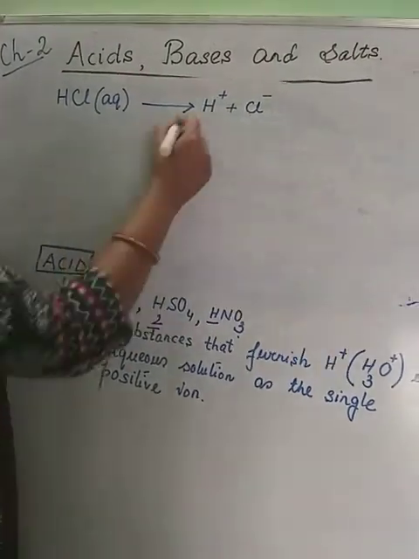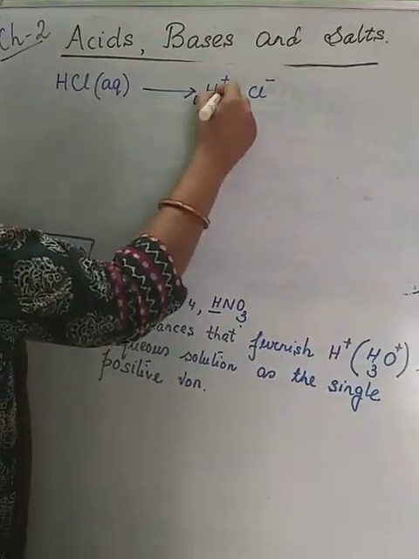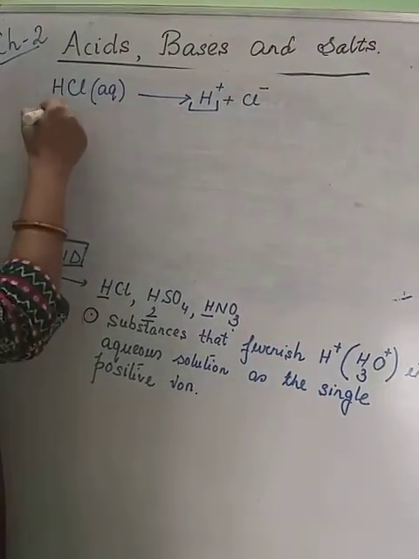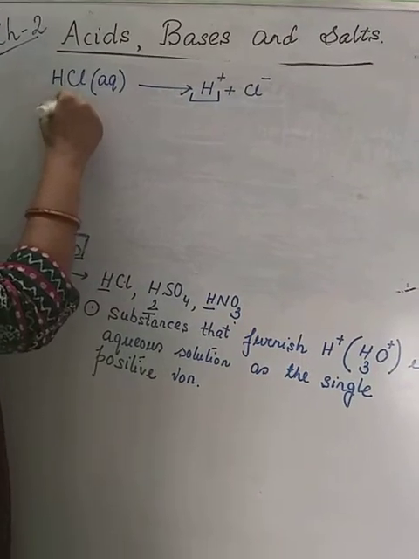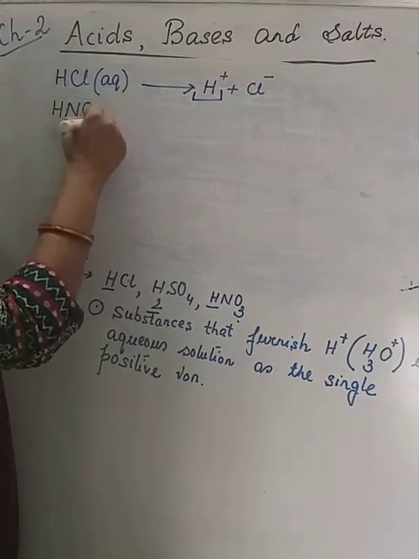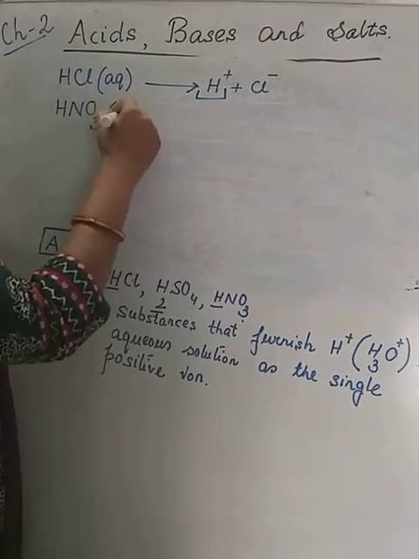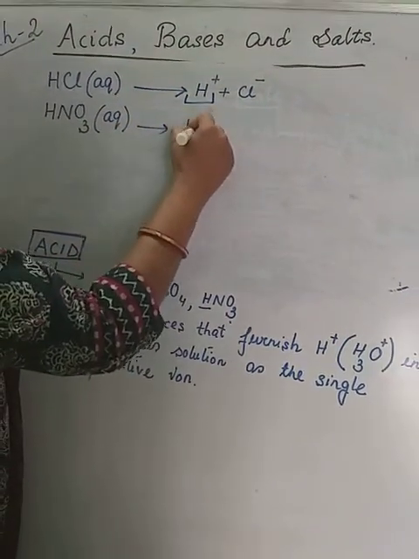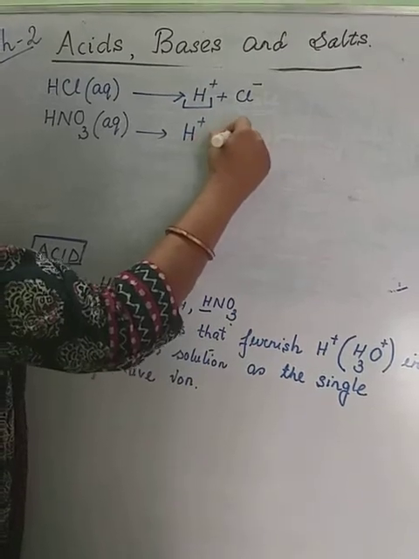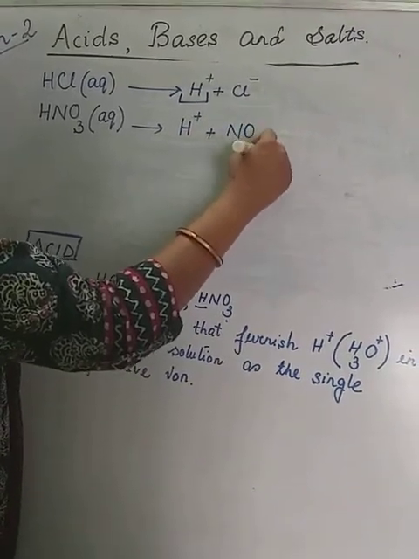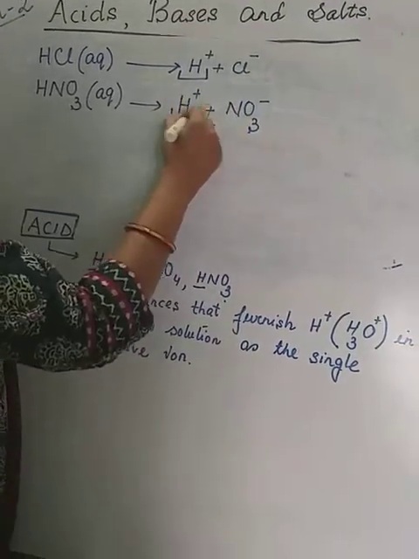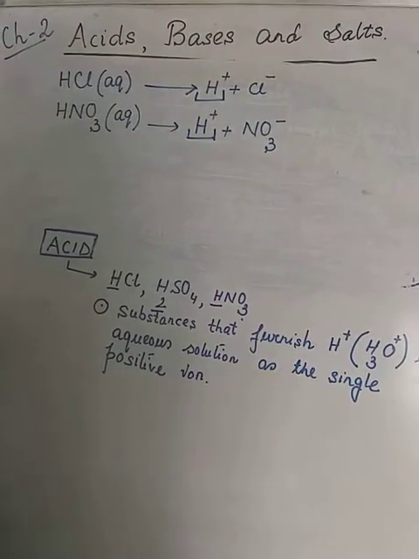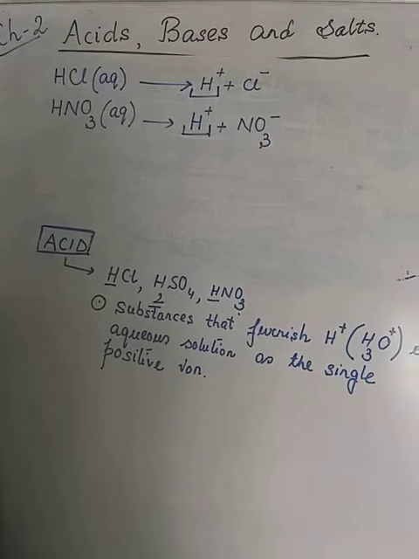So which positive ion are we getting? H+ as the only positive ion. If we consider nitric acid, HNO3, that also in aqueous solution will give us H+ and NO3-. So all such acids are able to give H+ in aqueous solution.